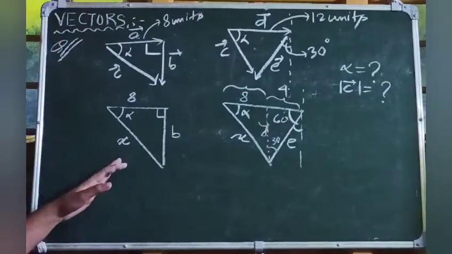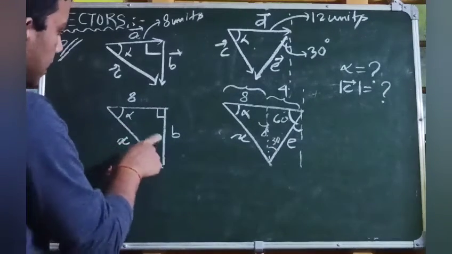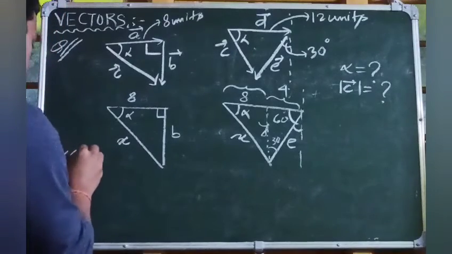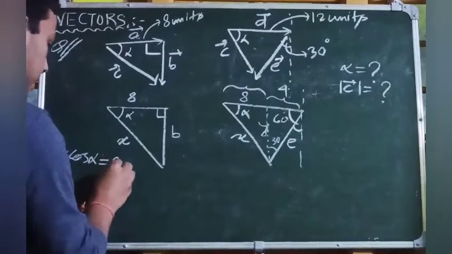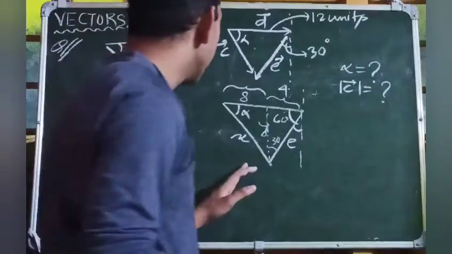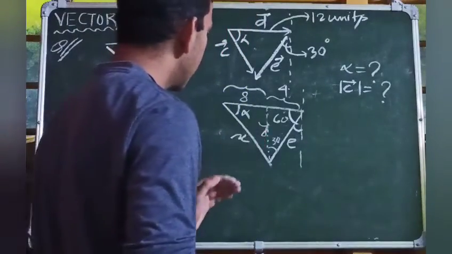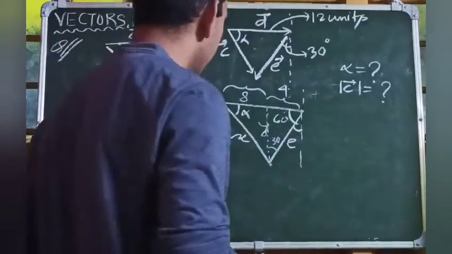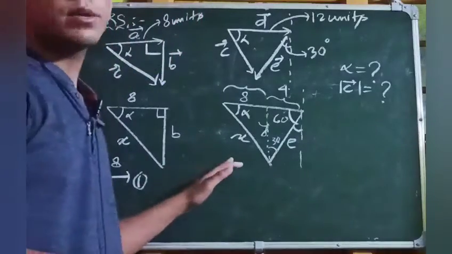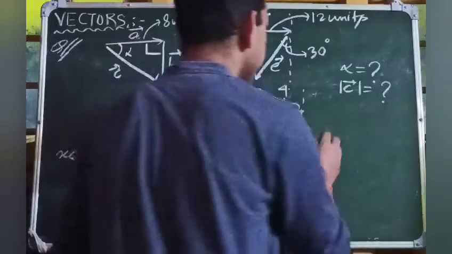Then from this diagram we can write cos alpha is 8 upon x. So we can write x cos alpha is equal to 8. This is the first equation we are getting. And from this diagram we can write sin alpha is equal to y upon x.